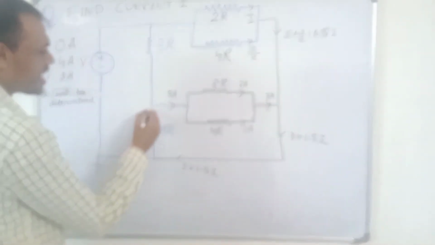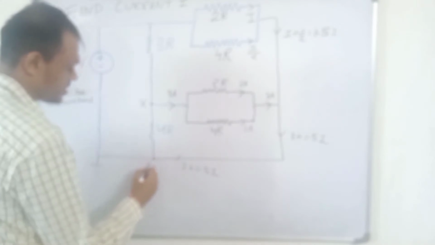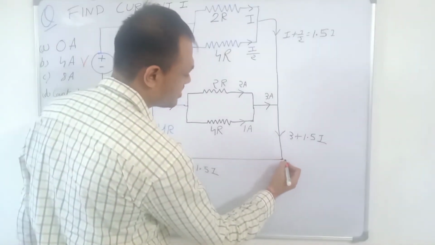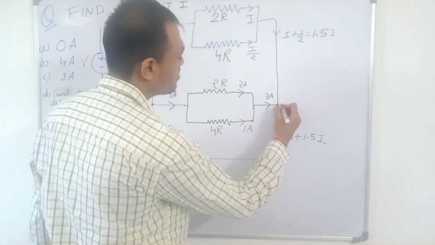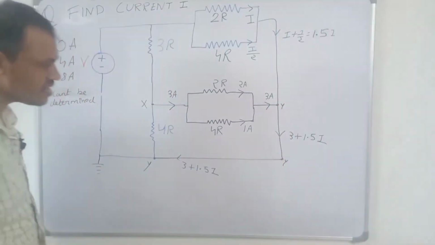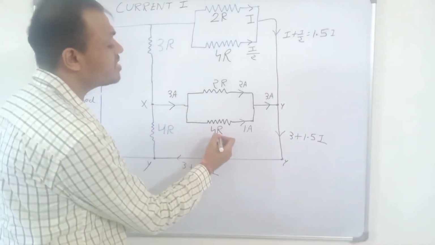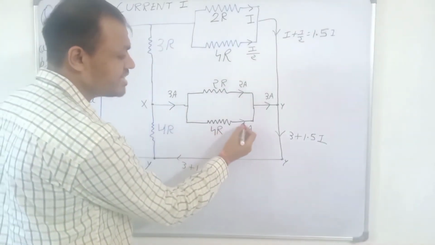Now let's assume that this point is X, this point is Y. So if this point is Y, then this point will also be Y and this point will also be Y. So between X and Y, the current through resistor 4R is 1 ampere.